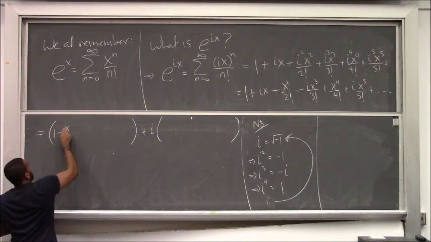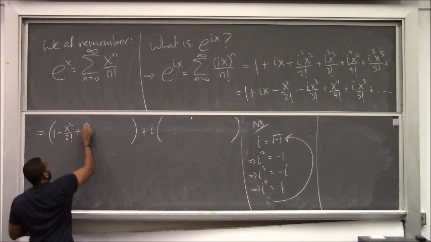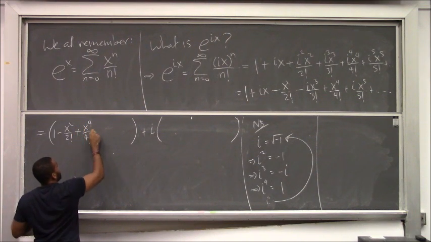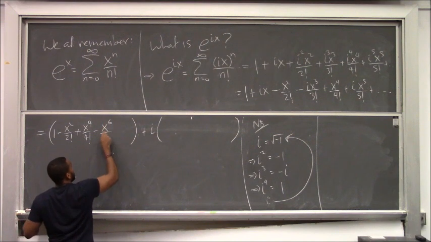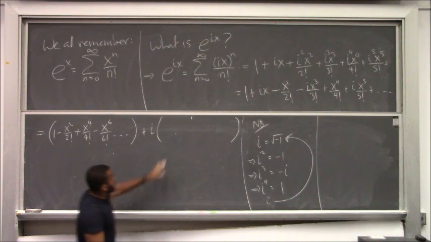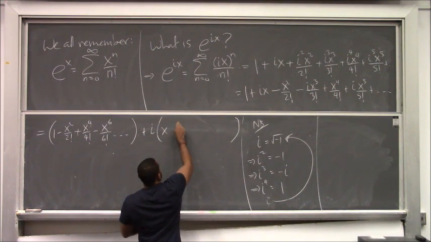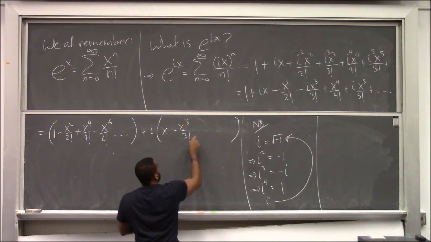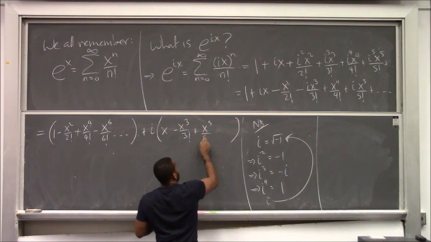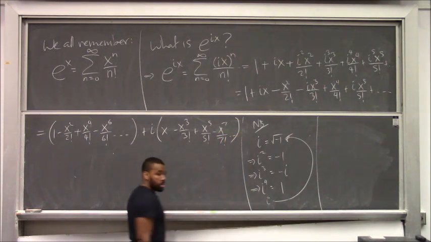Well, 1 minus x squared over 2 factorial plus x to the 4th over 4 factorial minus x to the 6th over 6 factorial, etc. Now over here, the guys that have i's would be x minus x cubed over 3 factorial plus x to the 5th over 5 factorial. You'll get a minus x to the 7th over 7 factorial if you follow the pattern.